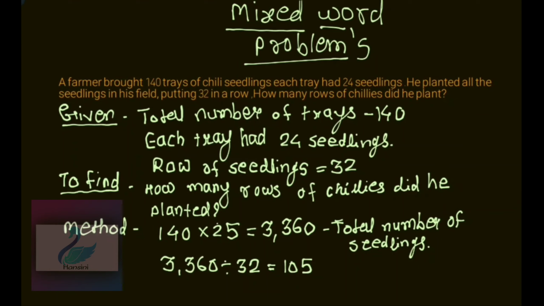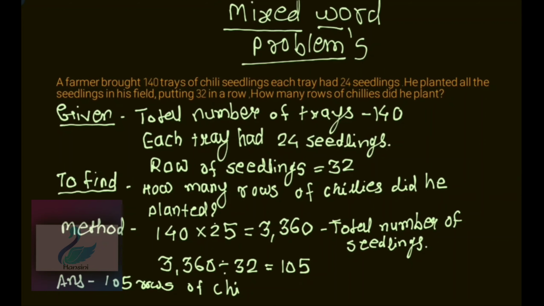So 3360 divided by 32. By solving this, I get the answer as 105. Now I will write the final answer as 105 rows of chilies were planted. In this type of questions, that is the word problems, writing the final answer is compulsory.